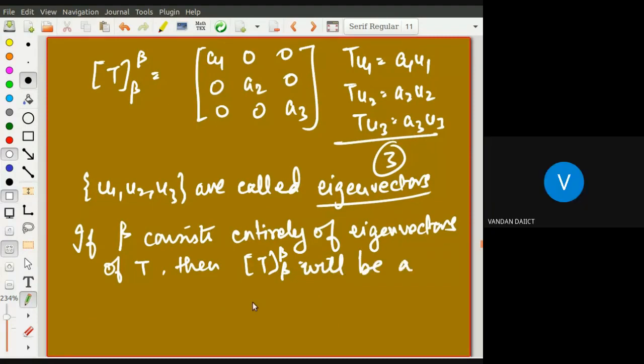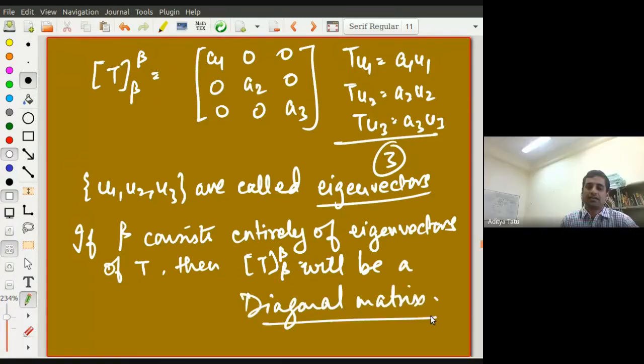Diagonal. Exactly. Diagonal. And again, the motivation why we want a diagonal matrix is because it helps us understand the linear transformation in a very easy way.